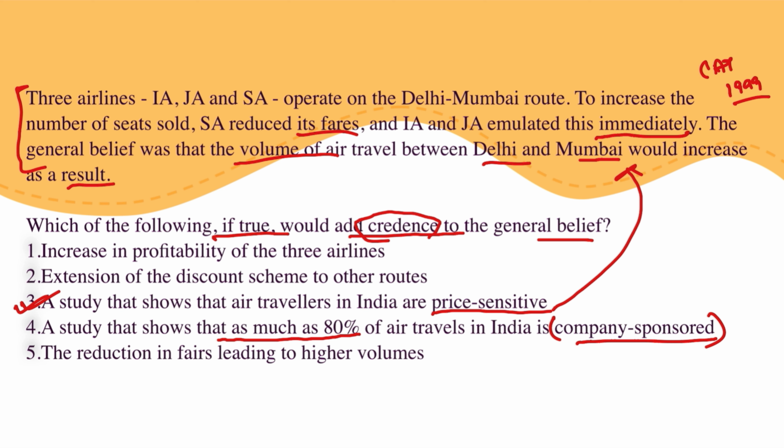So it weakens, it goes against the general belief. The scheme of the airline is not going to work, right? So for this question, the answer becomes option C. And this one, if the question was that which one undermines the general belief, then this would have been the one that we could have looked at.